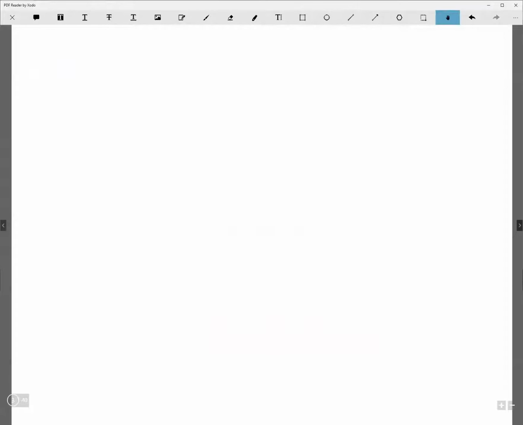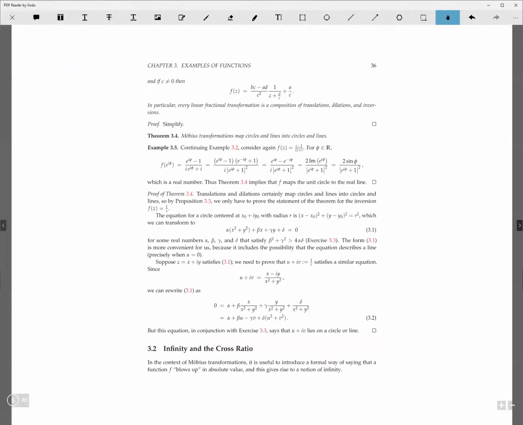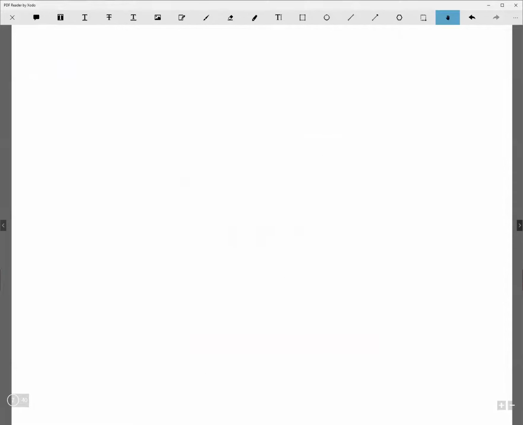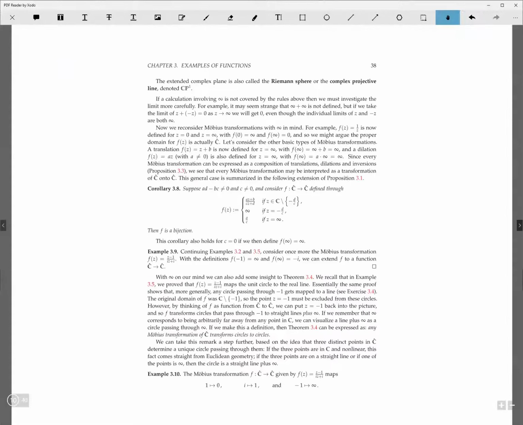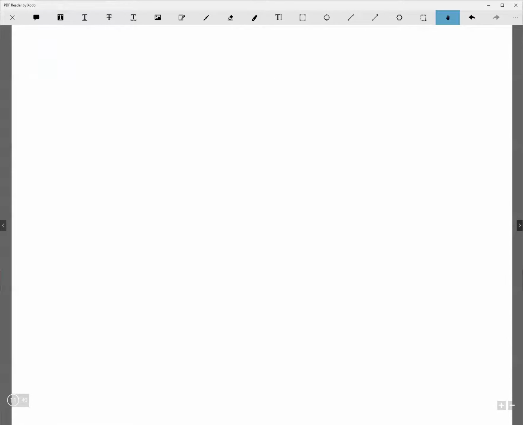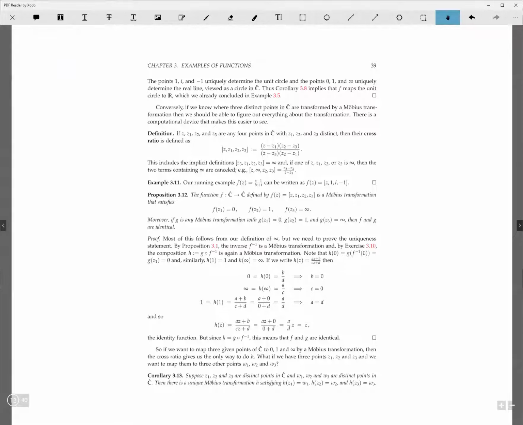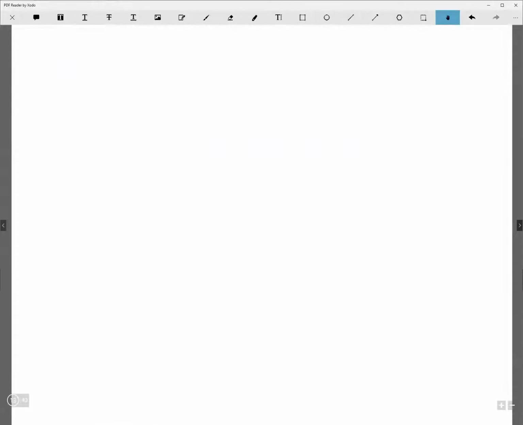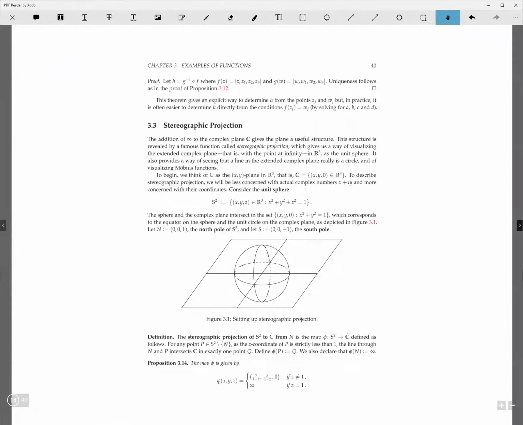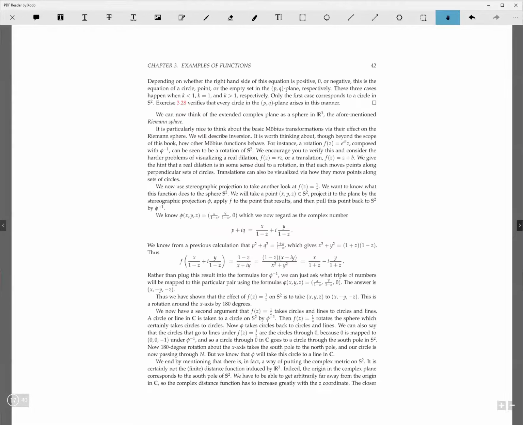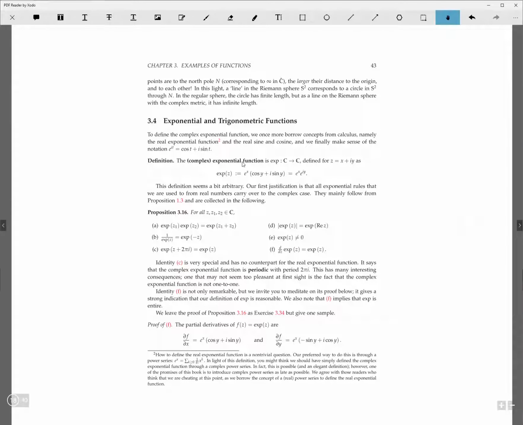Also, this is more Mobius transformation. So the first couple of sections are all this Mobius transformation stuff. More Mobius transformations, and then this is related, and then exponential and trigonometric functions.